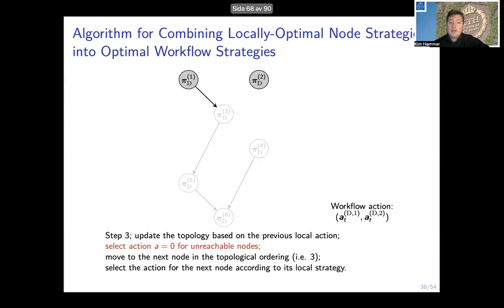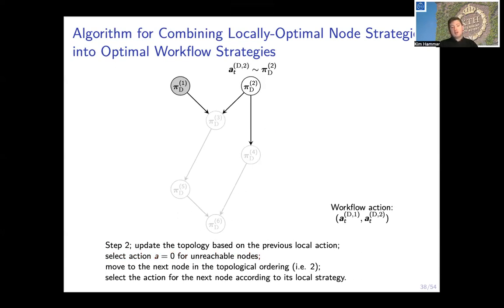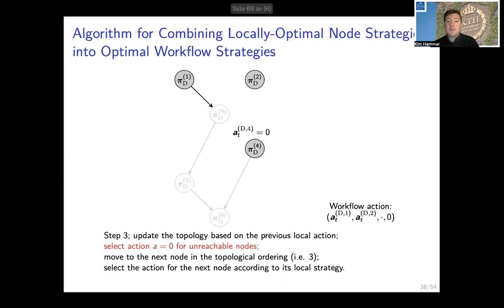There was only one arrow coming into this node, and that arrow has now disappeared, which means that the attacker cannot reach this node. And therefore, the best thing to do for the defender is to pick action 0. So you don't need to defend a node that is not even reachable to the attacker.